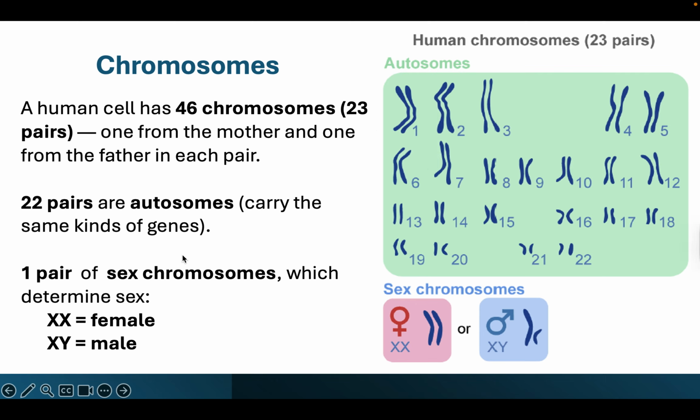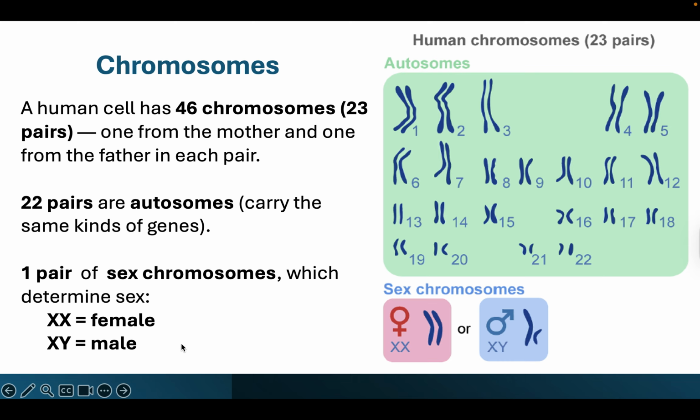One pair of the 46 chromosomes determines the sex. In the female, one X comes from mom and one X comes from dad. For the male, one X comes from mom and Y comes from dad always.